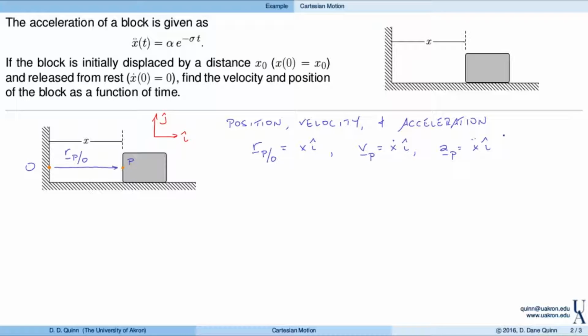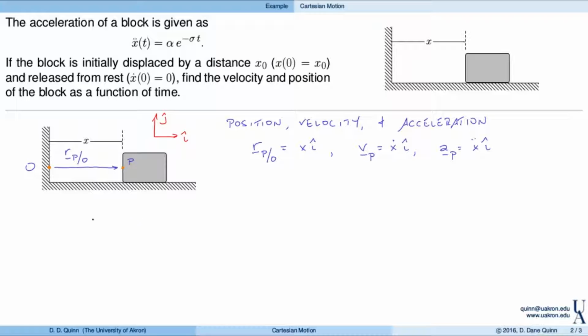Now, x double dot is given again as alpha e to the minus sigma t. So with that, we can integrate with respect to time to find the velocity.